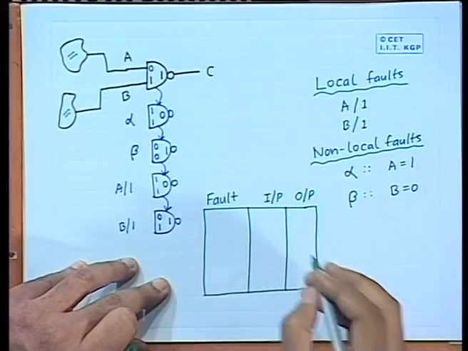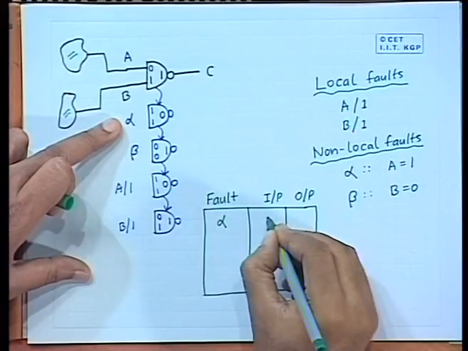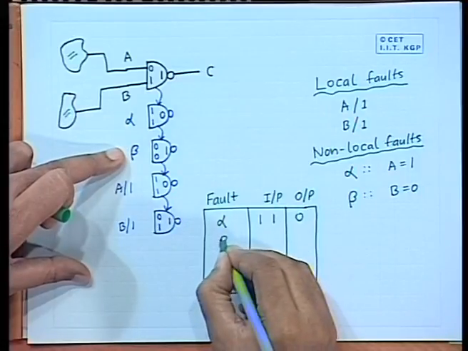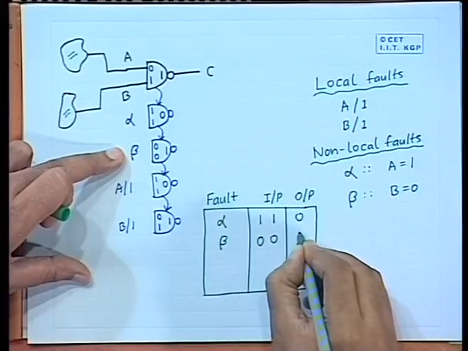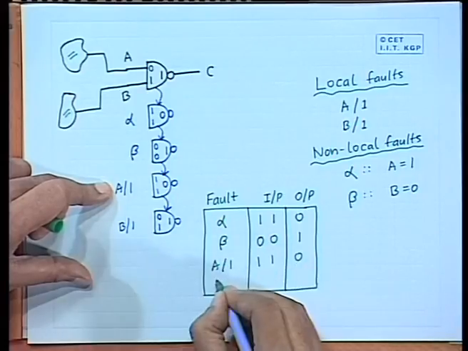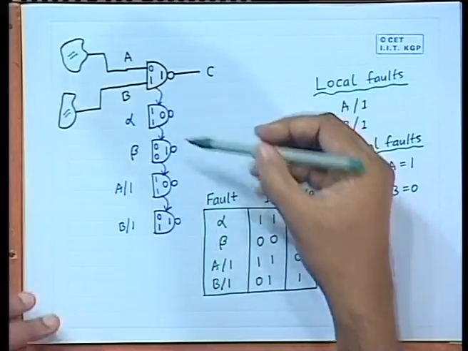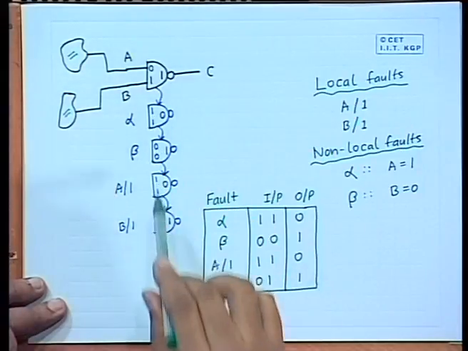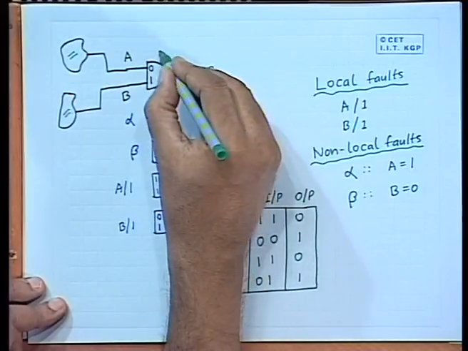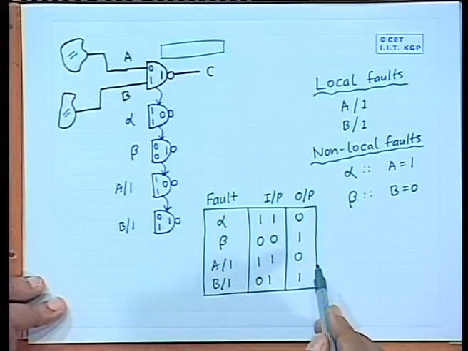These will be the 4 entries of the table, and you will be storing it like this: fault alpha, input 1 1, output 0; fault beta 0 0 1; A stuck at 1, 1 1 0; B stuck at 1, 0 1 1. So, although we express this diagrammatically like this, during simulation with each gate there will be a fault list, and the fault list will look like this, it will be a table.